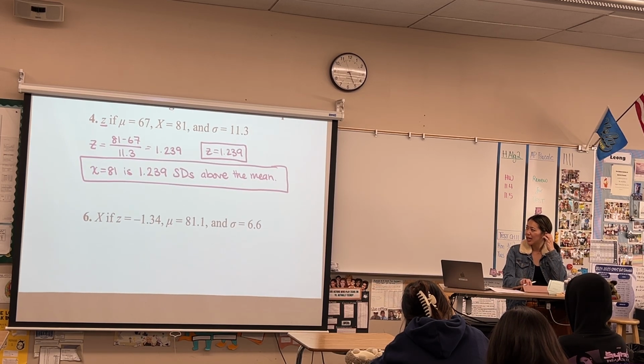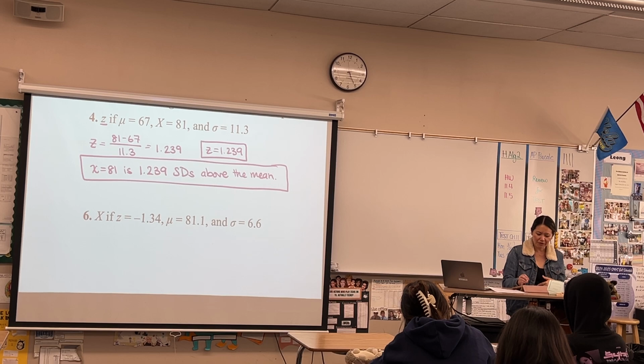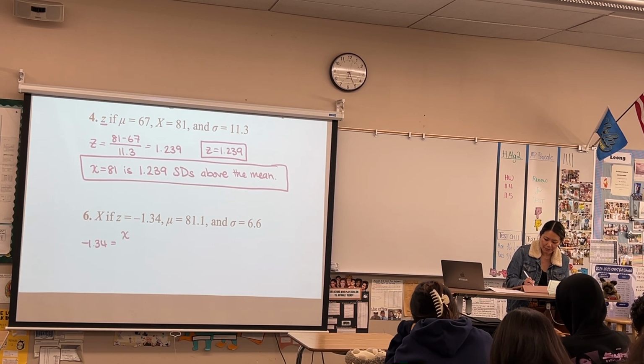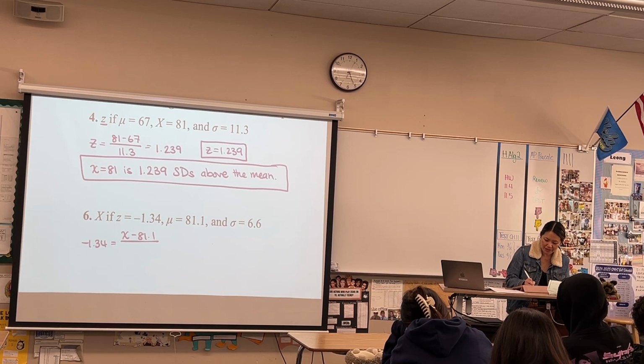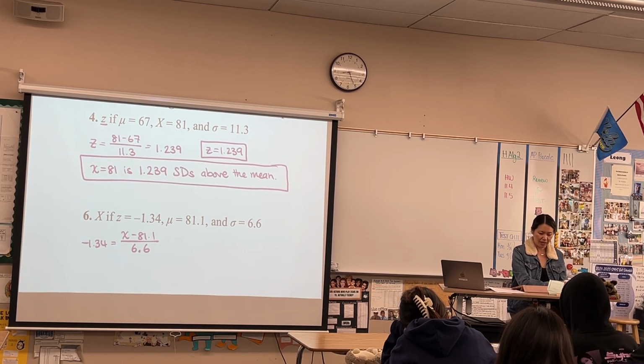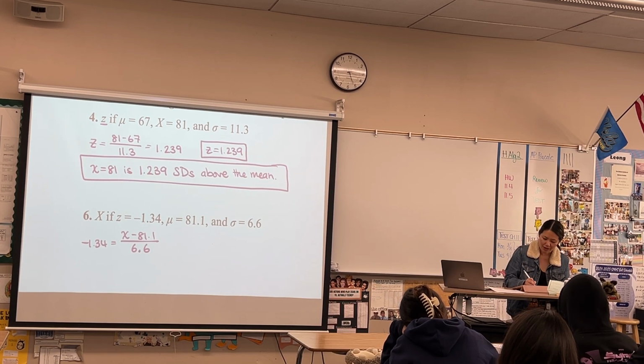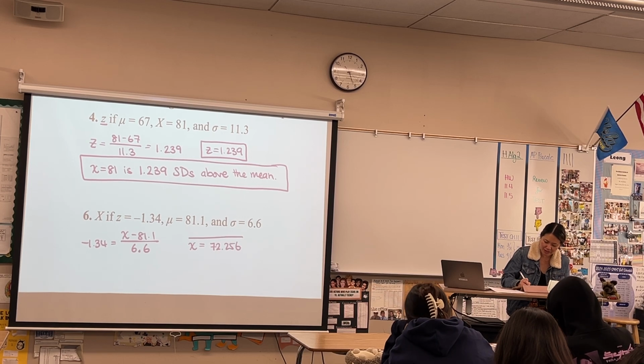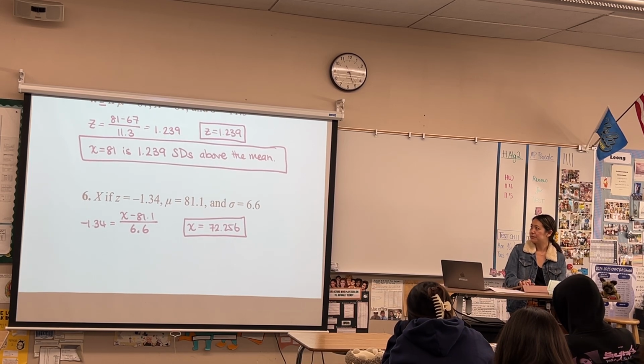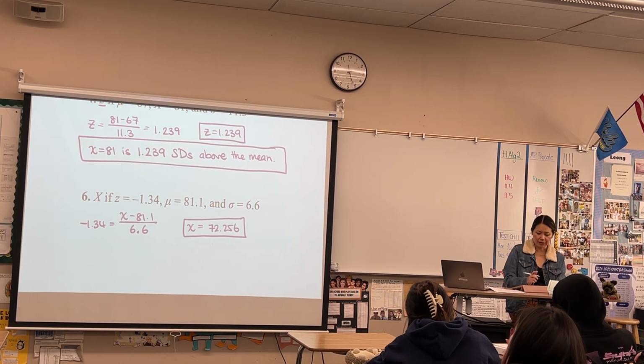Let me jump to 6. I want to find x. I know z is 1.34, the mean is 81.1, and the standard deviation is 6.6. So multiply both sides by 6.6 and add the 81.1. I get x is equal to 72.256. What does that tell me?